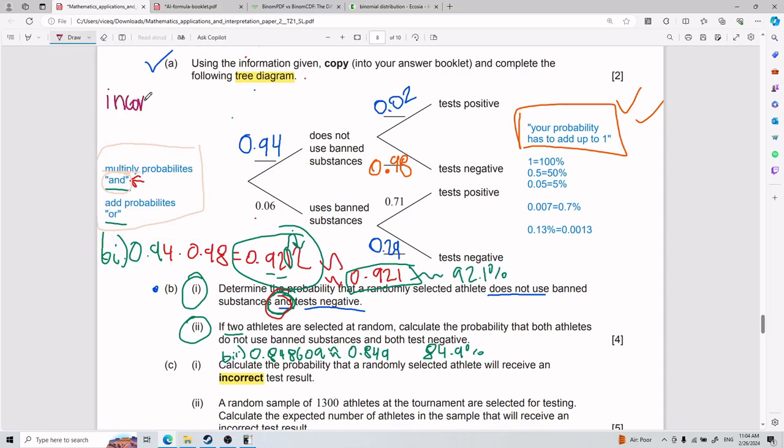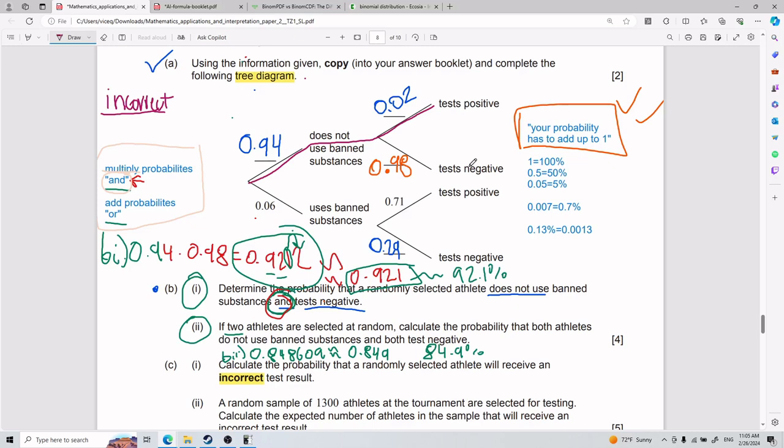An incorrect test result. Not a negative, an incorrect. For example, if someone does not use banned substances but gets a positive test result, then it's fake news. They don't use substances, they got tested positive. Here we have something that is incorrect.